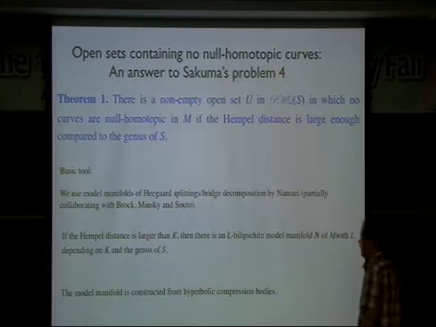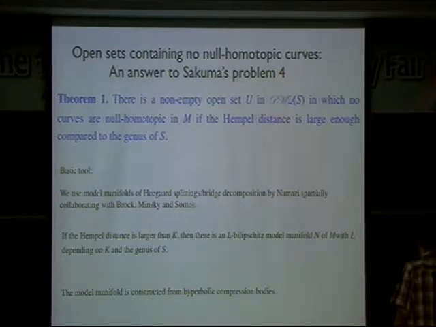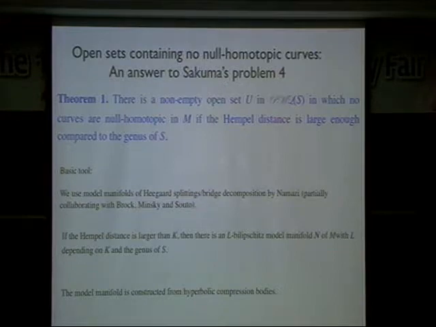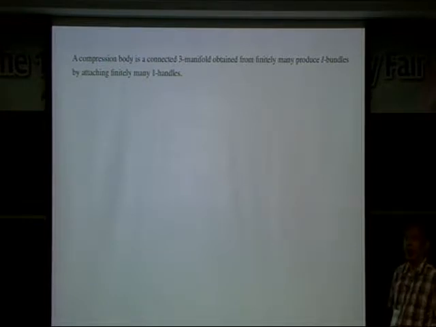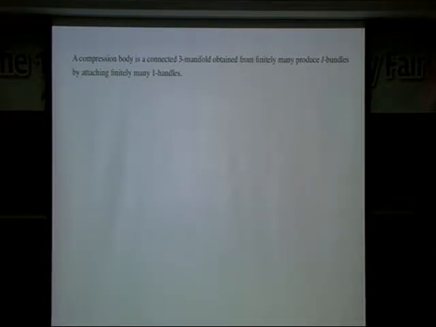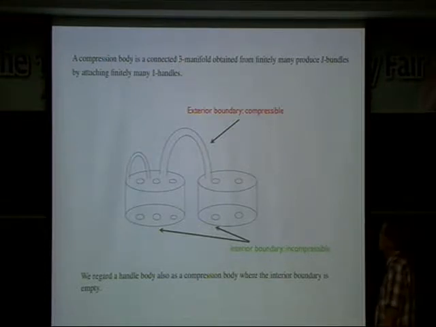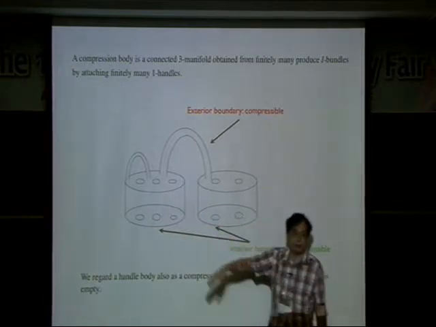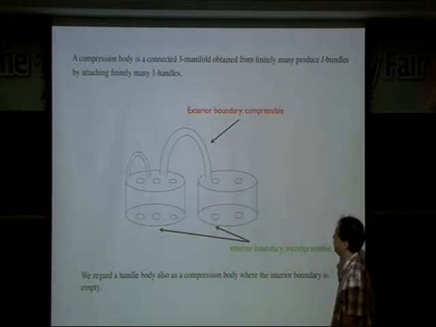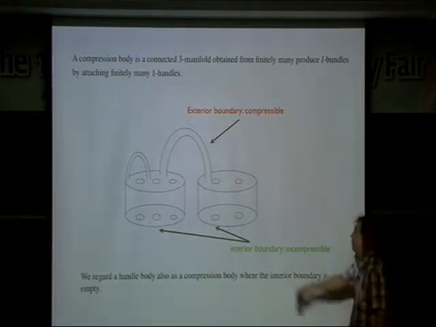So the model is constructed from hyperbolic compression bodies. Let me first explain what a compression body is. A compression body is a connected manifold obtained from the trivial I-bundle over a surface by attaching one-handles. So it's something like this. You have trivial I-bundles here and there, so you have two components here, and you attach one-handles to make them connected.